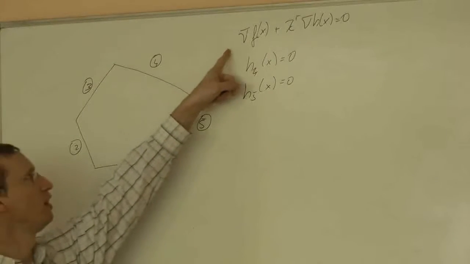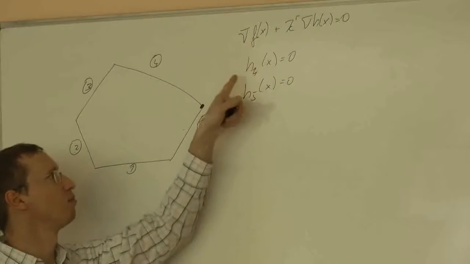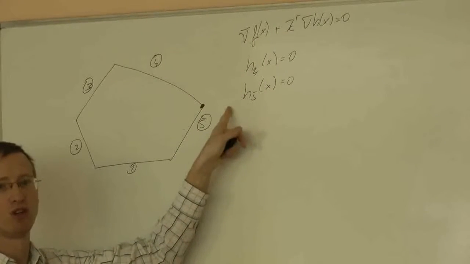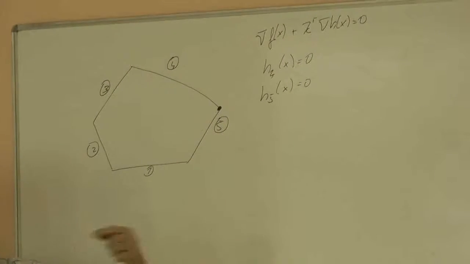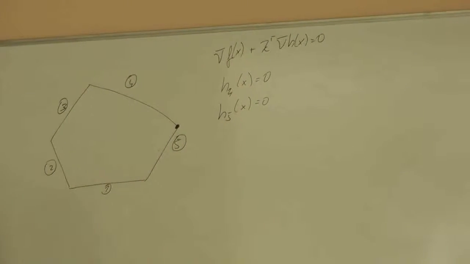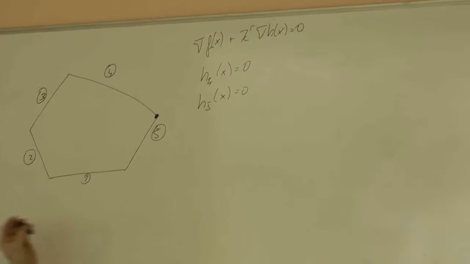Because here we have enough equations to determine x, but we also need 2 equations to determine what the lambdas are, such that we can certify optimality. Okay? So this is the easy case, which we call the non-degenerate case.